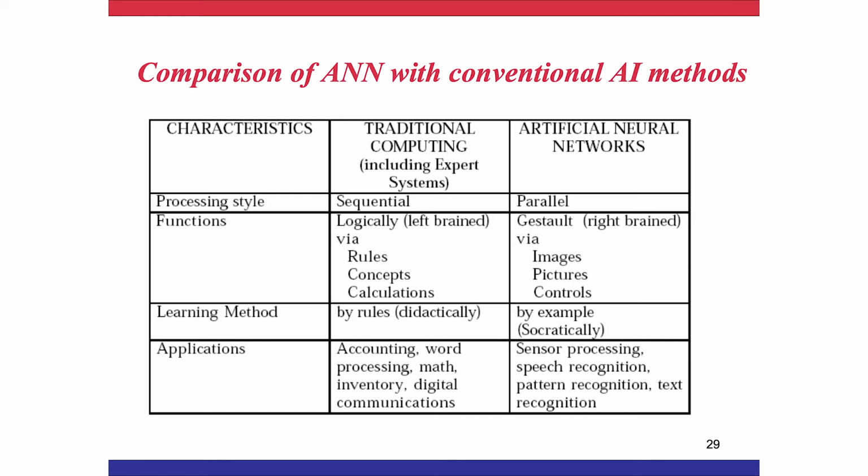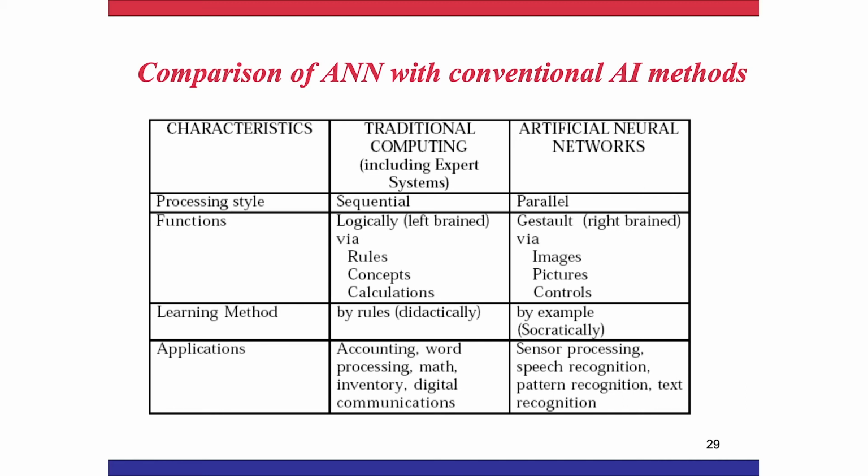Similarly, in the case of the functionalities, the ways we can visualize the activity or the functionality of the artificial neural network, we can tell that it is more based on the data, okay, not based on the rules or concepts.